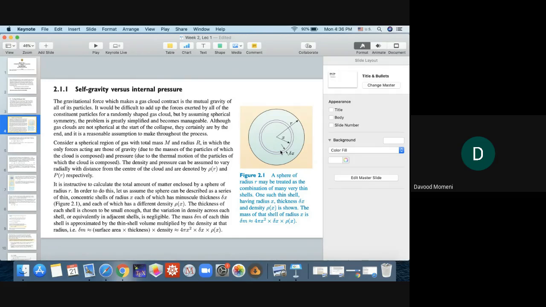If delta x is the thickness of two spherical shells, and the density is rho, then just multiply the density by the thickness, multiplied by the area, and you get approximately the value of the mass which exists between two rings. Okay, and you want to consider this delta m as a piece of the mass which existed at the beginning for these clots, and these clots want to collapse and finally make one star for you.